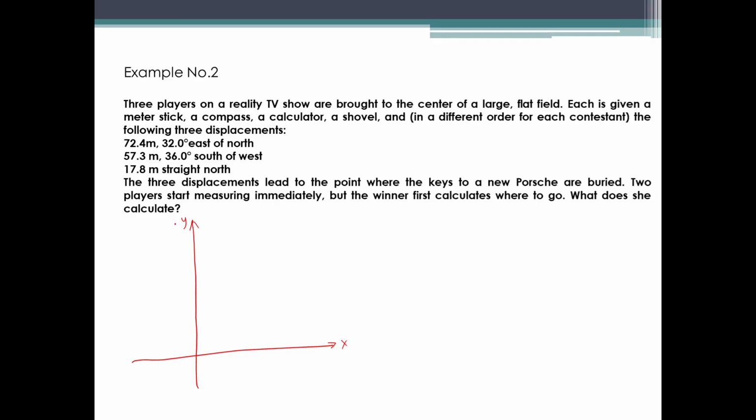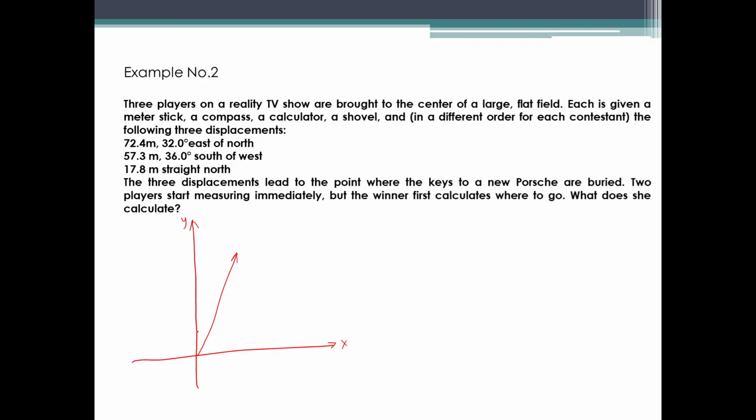72.4 meters, 32 degrees east of north. So if this is north, east of north. So where is east here? So this. Is the 32 right? It looks short. So here is your angle, class. 32 degrees east of north.